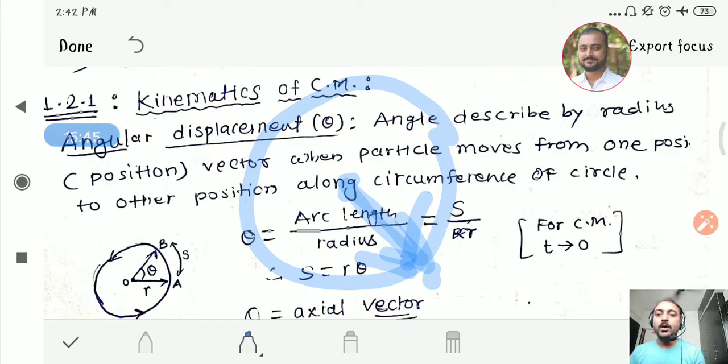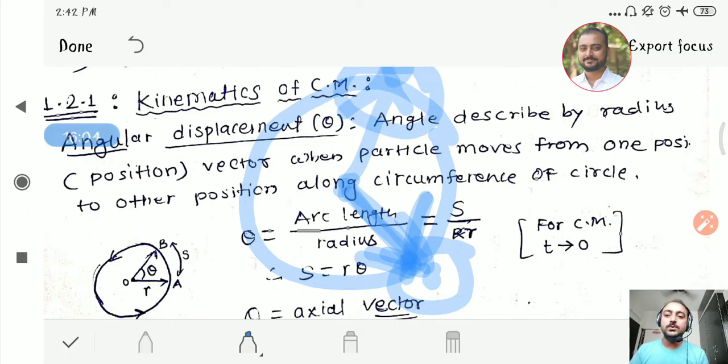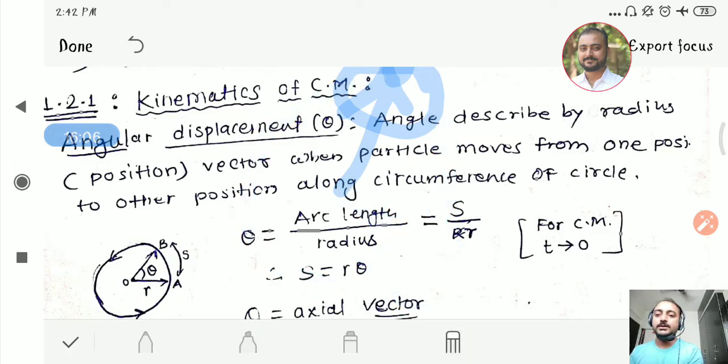Why is it called radius vector? Because it lies along the radius, as well as it indicates the position of the particle. Suppose the particle is present here, the vector drawn from the center of the circle to the position of the particle indicates the position, and so it is also called the position vector.